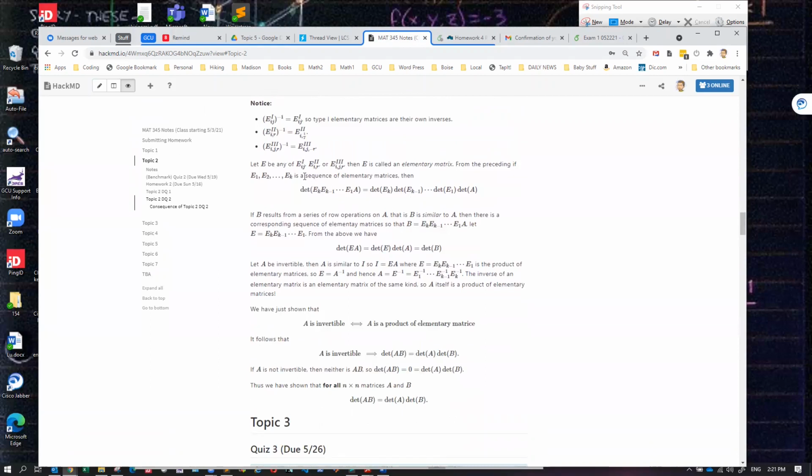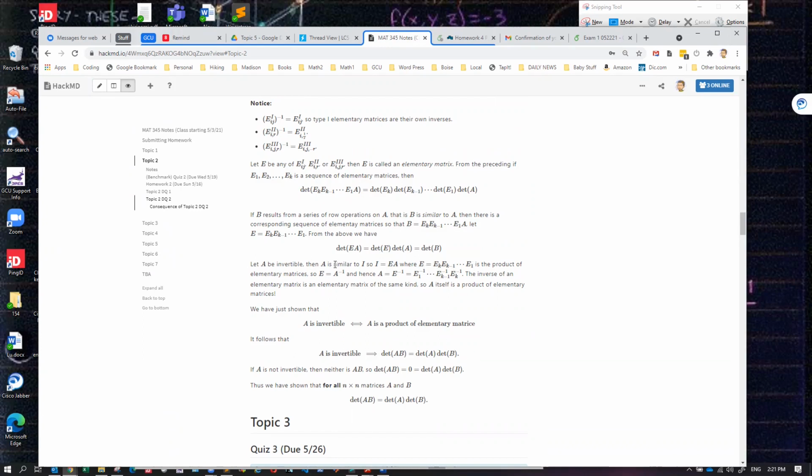In doing all that, there's this thing about a sequence of elementary matrices. So right here: let A be invertible, then A is similar to I. That means A is row reducible to I, which is the squiggle sub row thing that I have there. And that means that I is equal to E multiplied by A, where E is a bunch of row operations.